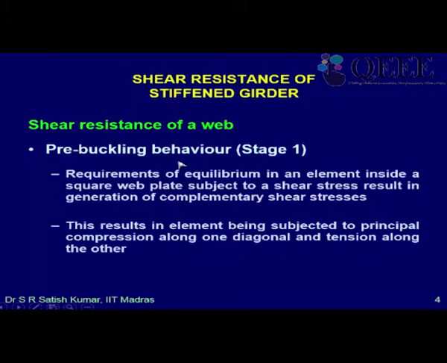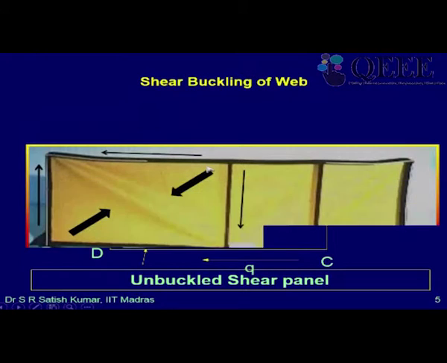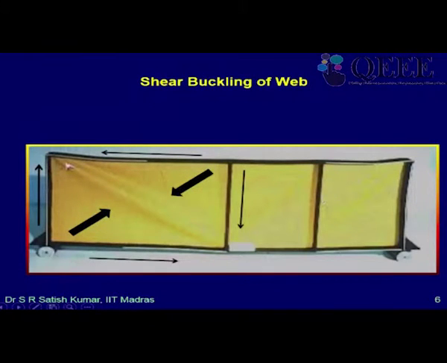So basically, let's look at this. This is basically a web where the load has been applied here. This is supported here, so the reaction is here, and as a consequence of this load, we have vertical shear in the web. This is the reaction, and this is the load action.